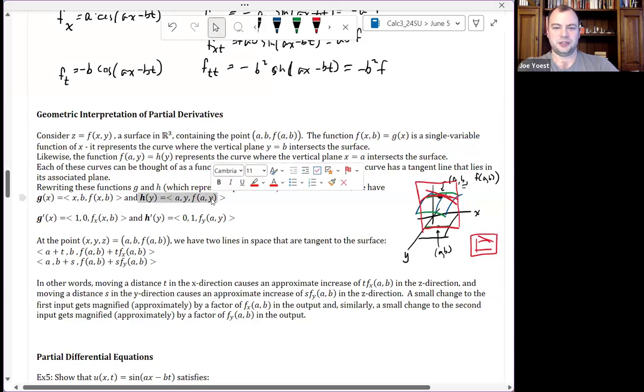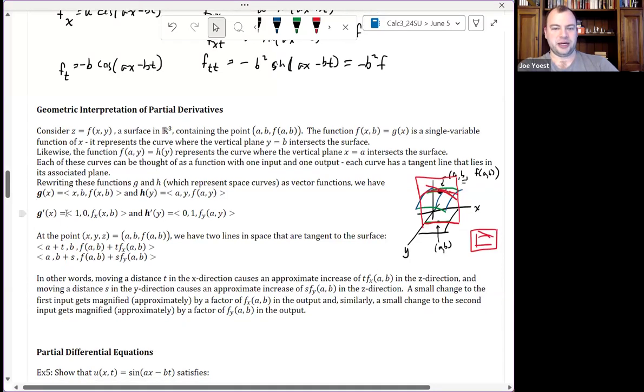And similarly for h, where our input is the point (a, y) and output f(a, y). I can find g'(x) and h'(y). For g'(x), well, the first component differentiates to 1, the second to 0, because the second component is not changing as x changes.